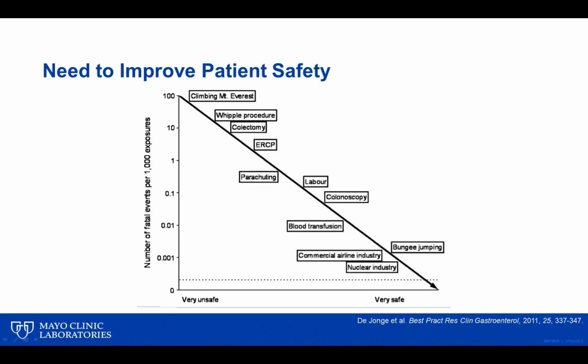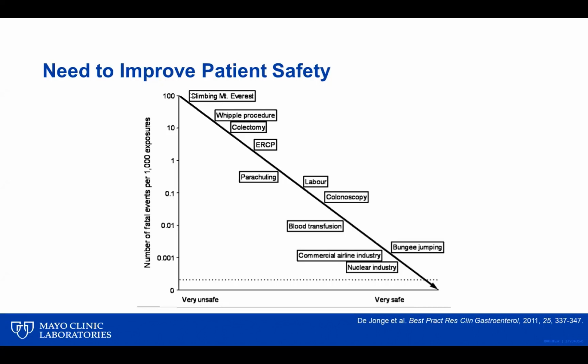And just to put this into context, this is a graph that relates the number of fatal deaths that occur each year per 1,000 exposures to various activities. What you can see along the x-axis is a spectrum of whether it's very unsafe or very safe. It's really not surprising that we have climbing Mount Everest at the very top for the number of fatalities and the most unsafe activity.